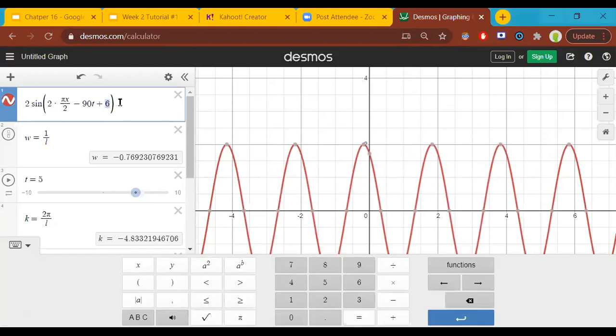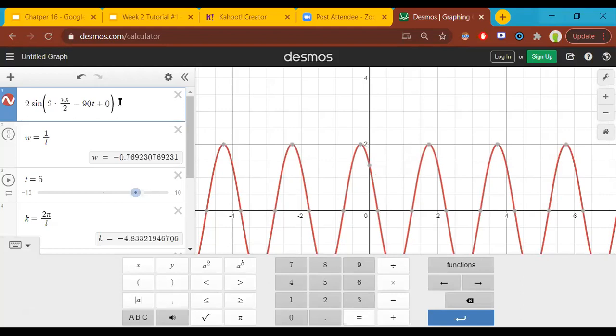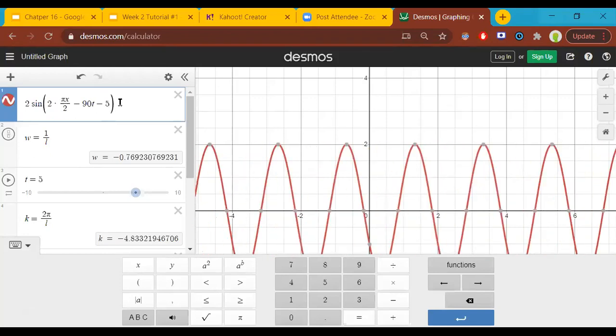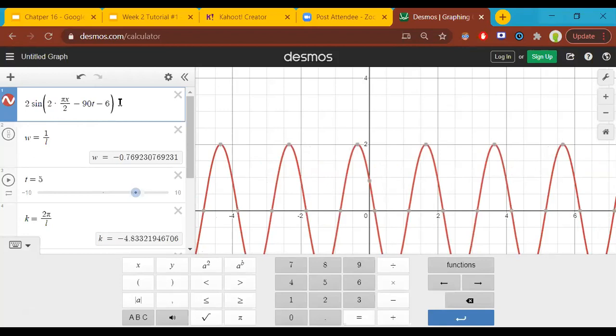So if I make that 0, if I increase that a little bit to say -1, the graph shifts to the right. So it shifts the entire function left or right. And therefore that affects both the values in the x and the y axis. Yeah, okay. Thank you.